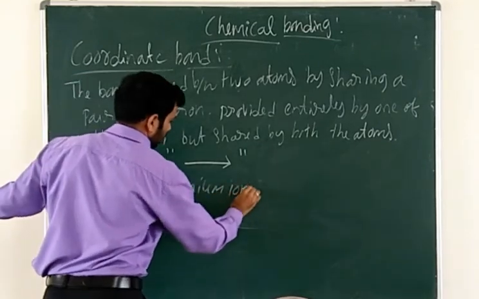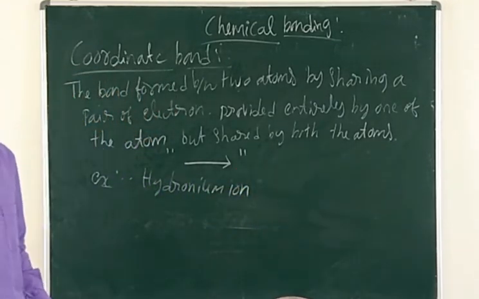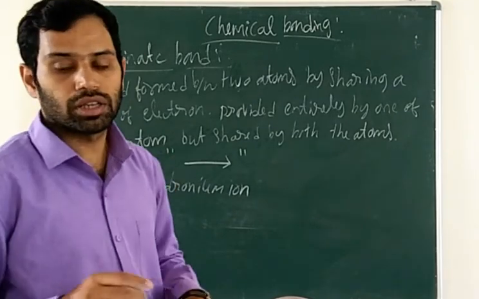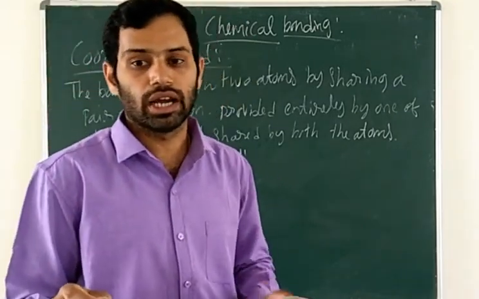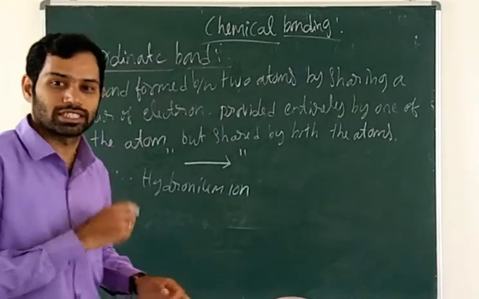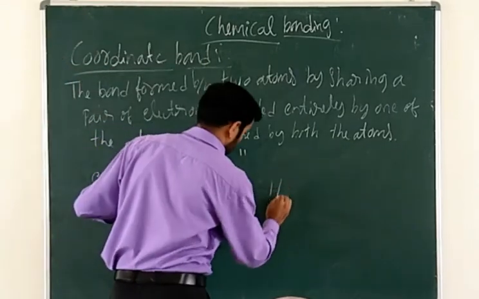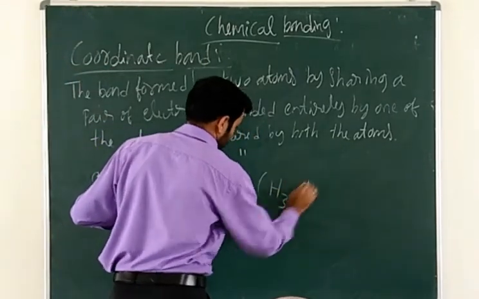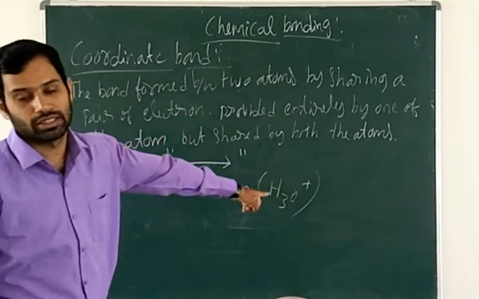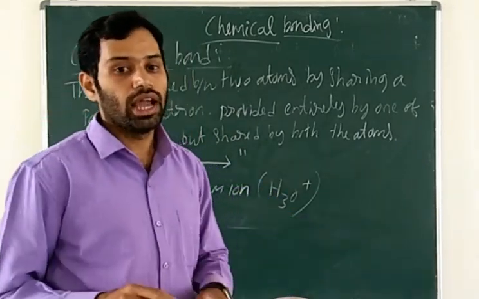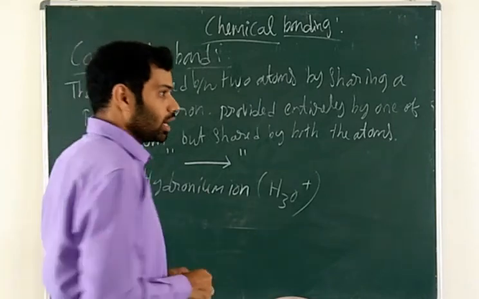Hydronium ion, if you know the chemical formula, you can tell. Hydronium ion is H3O plus. That is the hydronium ion. And ammonium, you know that already.